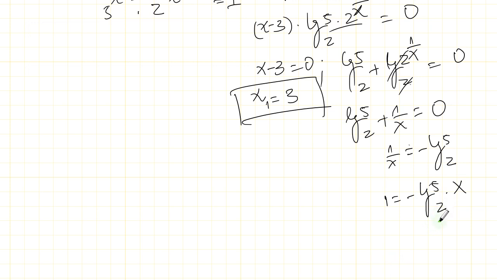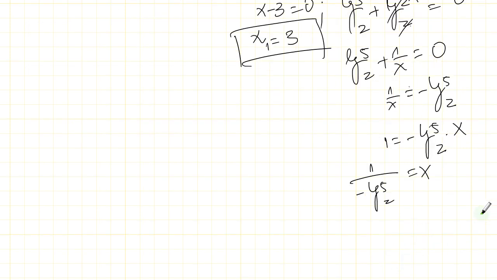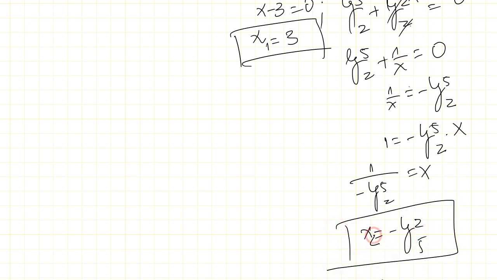Now to divide by this, we have 1 over negative log base 2 of 5 equals x. So by applying the inverse rule, this is going to be minus log base 5 of 2. Okay, so this is our x2.